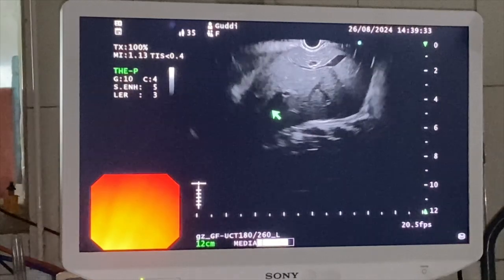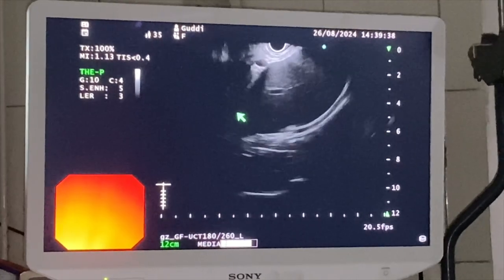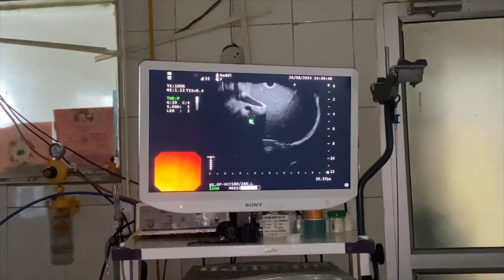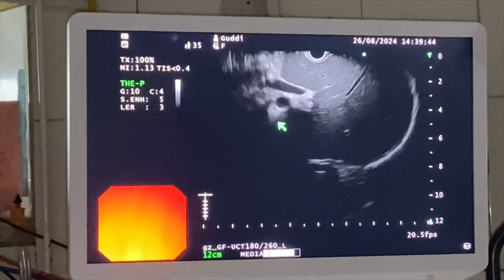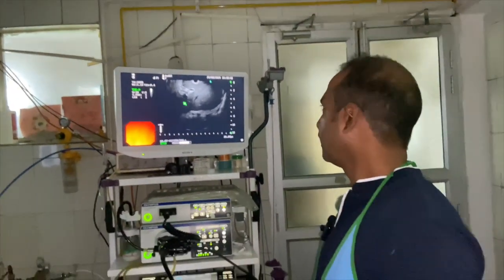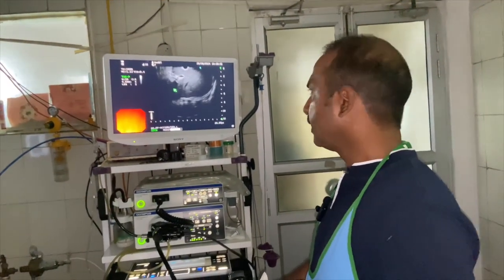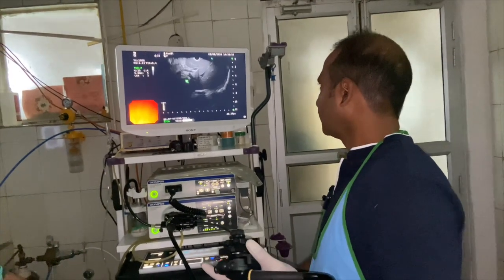So this is how you go about examination of the liver segments from the cardiac end of the stomach, and you describe the segments 1, 4, 8, 4A, 4B, segment 2, segment 3, and segment 7.